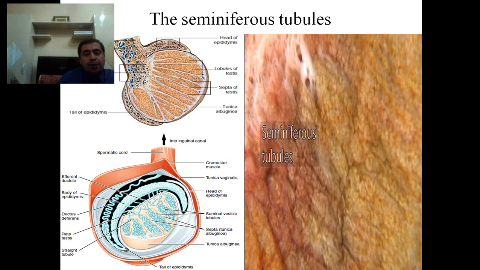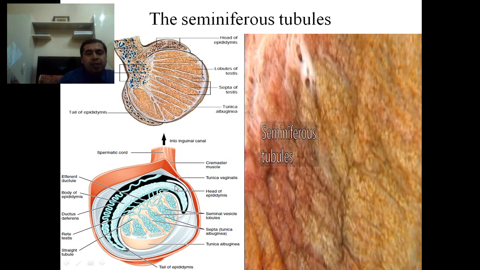Near the mediastinum, they form the rete testis, a special testicular network, and from this network originate between 12 to 15 efferent ductules. The ductuli efferentes enter the epididymis and form the head of the epididymis.